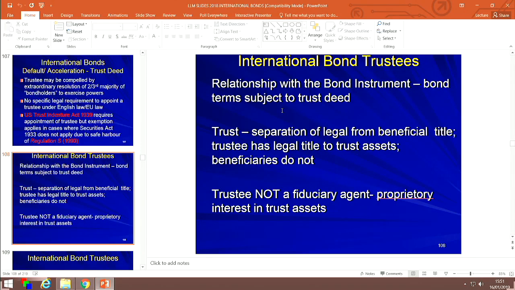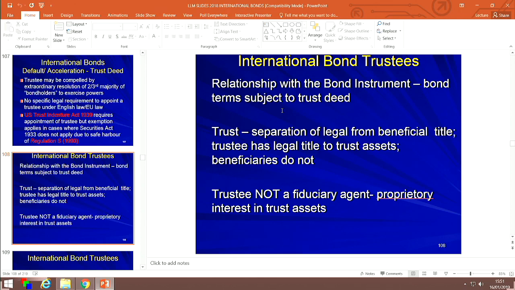now, the one question that I think I probably should explain is, what is the relationship between the trust deed, when it is used, and the bond instrument? The fundamental point is that the bond instrument is subject to the terms of the trust deed. The trust deed overrides.